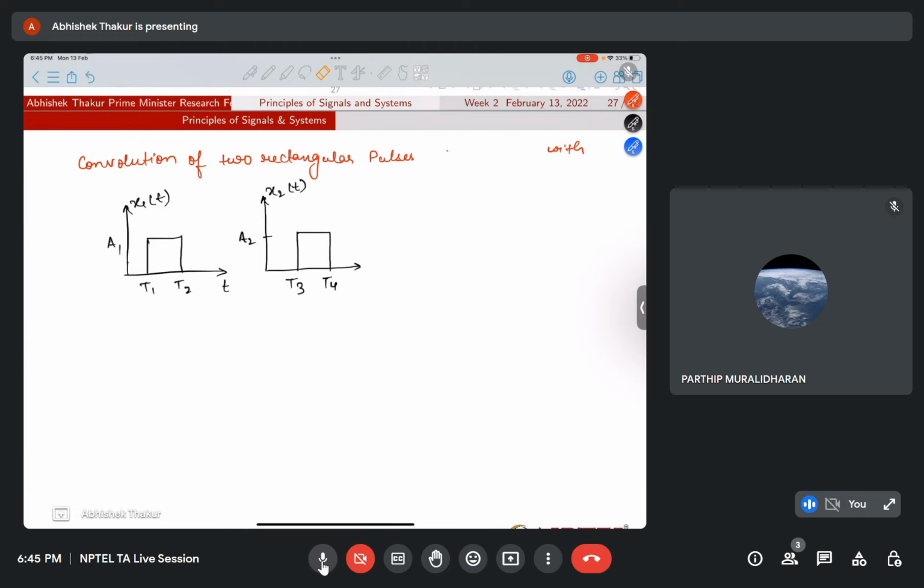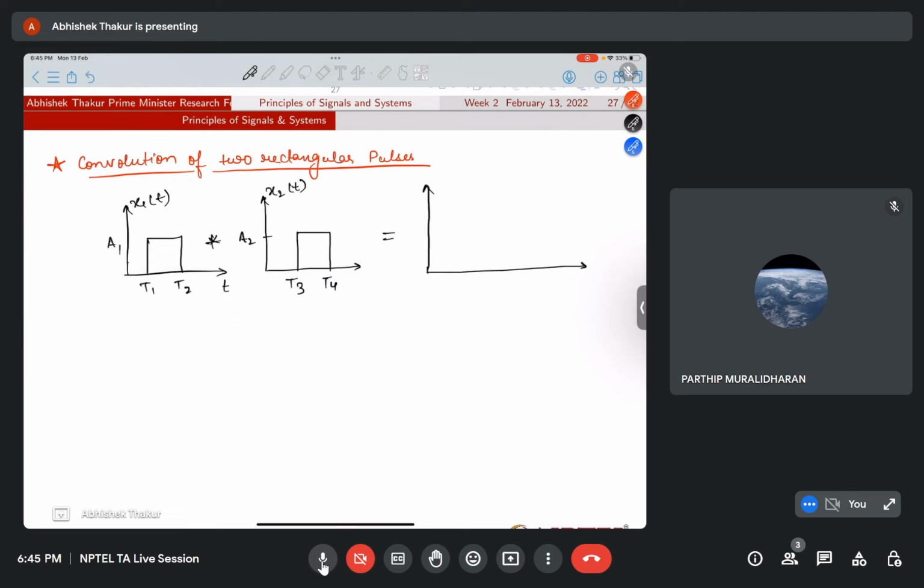So the convolution results in, very easily we can find this.